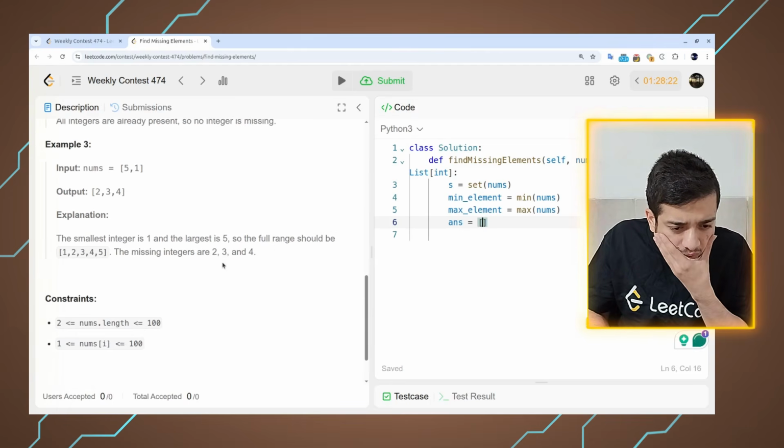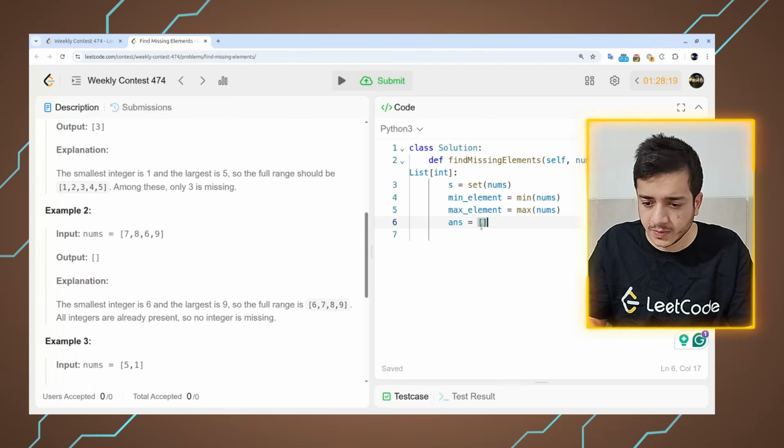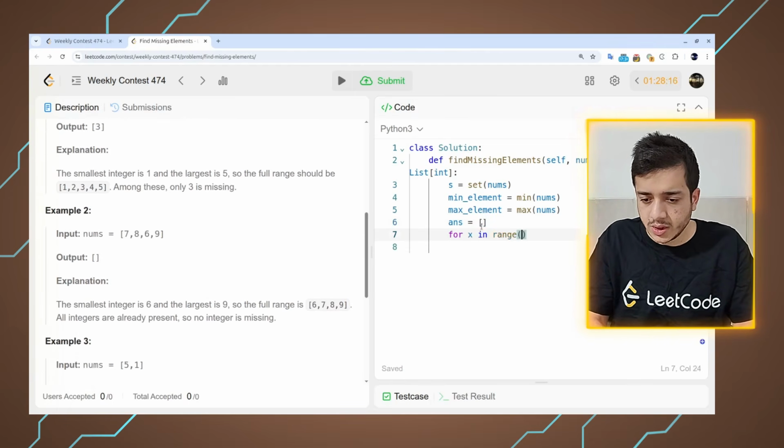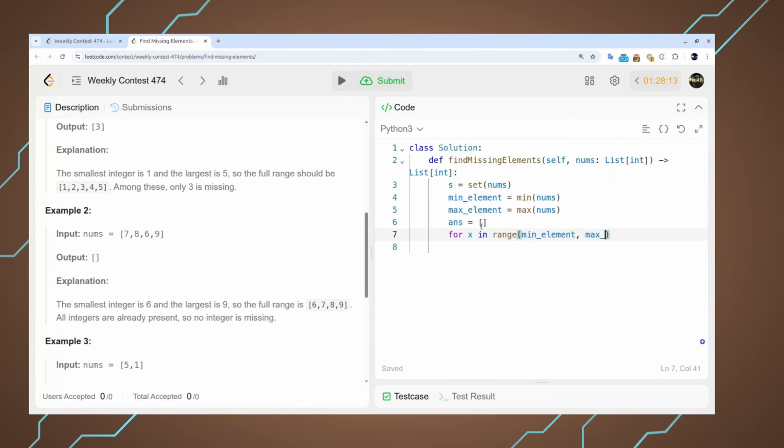The output must be sorted, it seems, in range min element to max element.